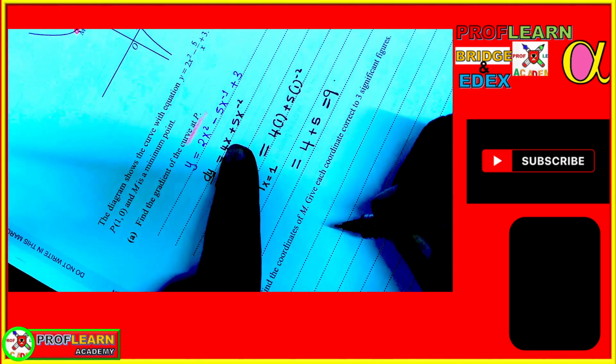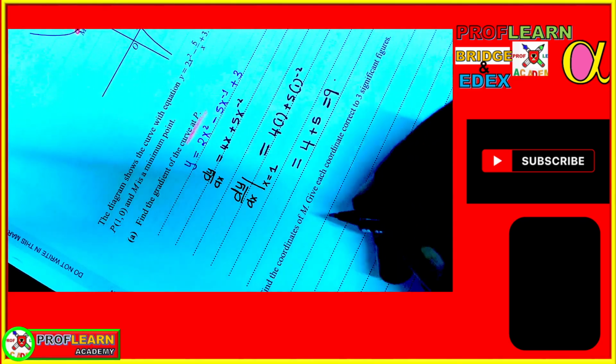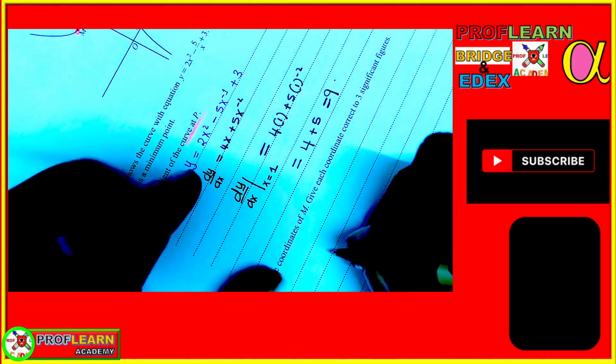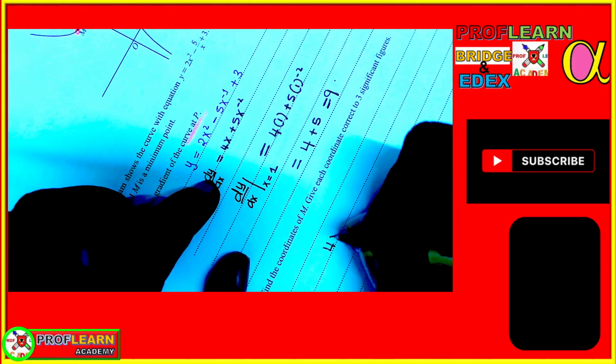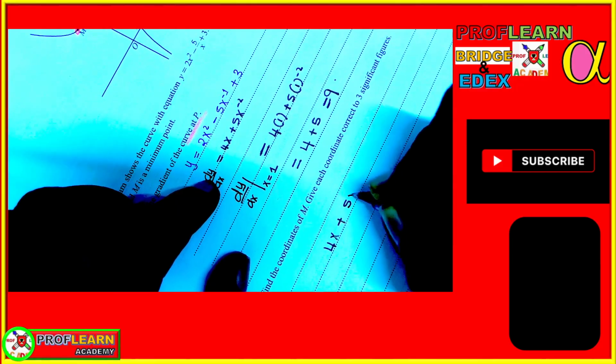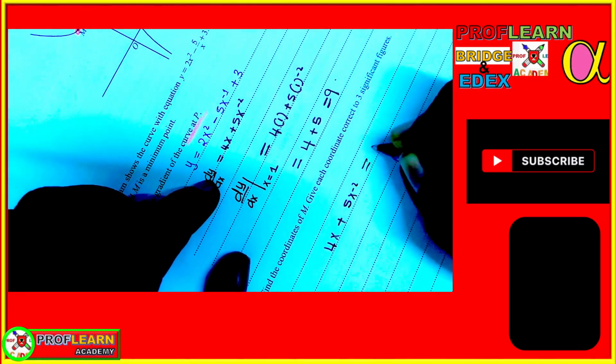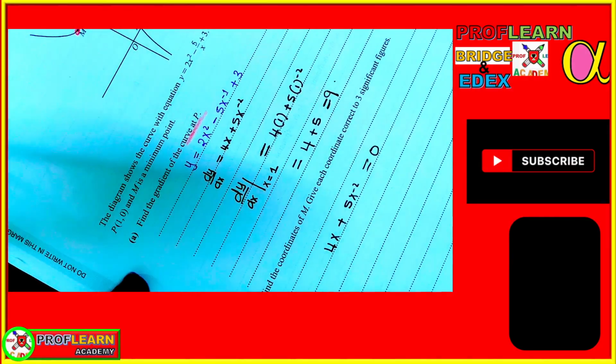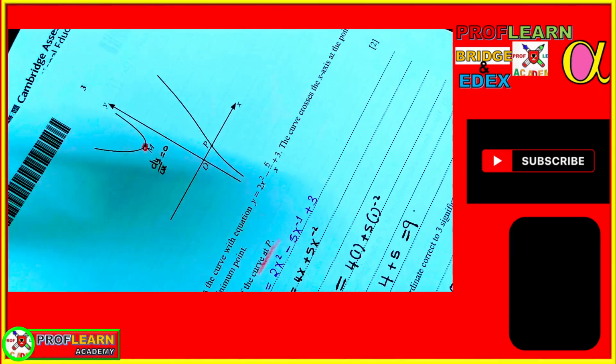So from this part that we have done here, we can say that dy/dx, which is 4x plus 5x^-2, should be equal to 0, right? Because M is the turning point, and at the turning point, dy/dx is equal to 0. So that is the reasoning we are using at that particular point.